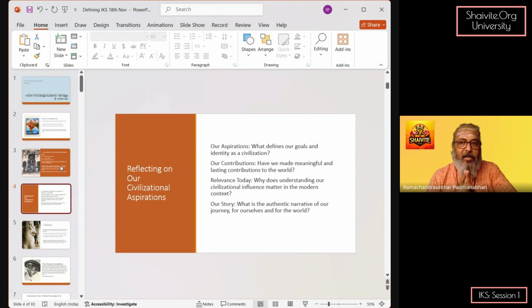What defines our goals and identity as a civilization? Have we made any meaningful and lasting contribution to the world? Why does understanding our civilizational influence matter in today's context?